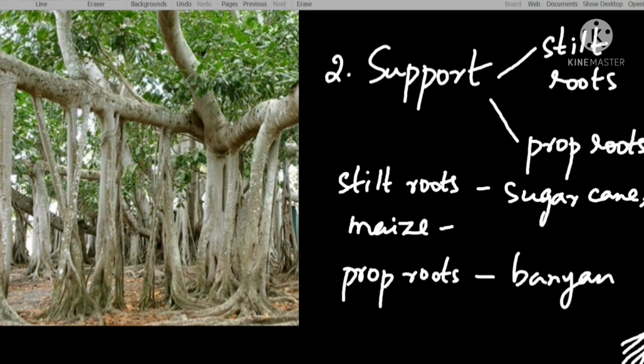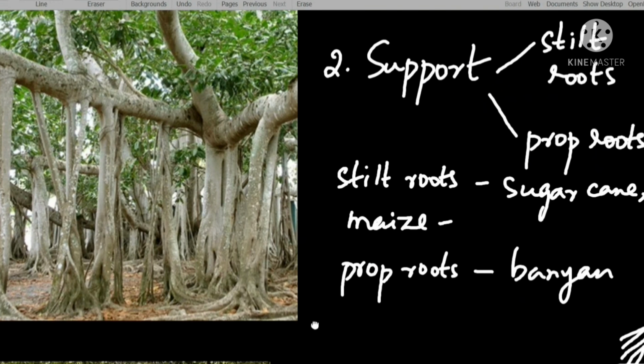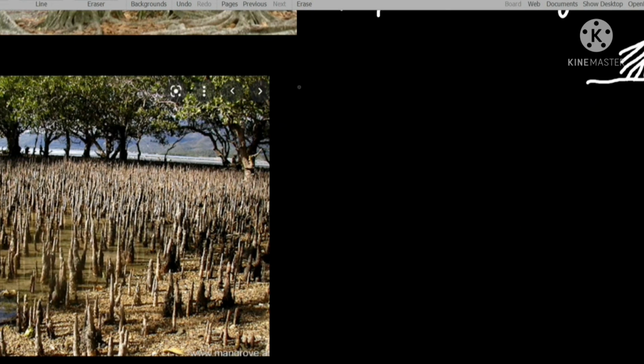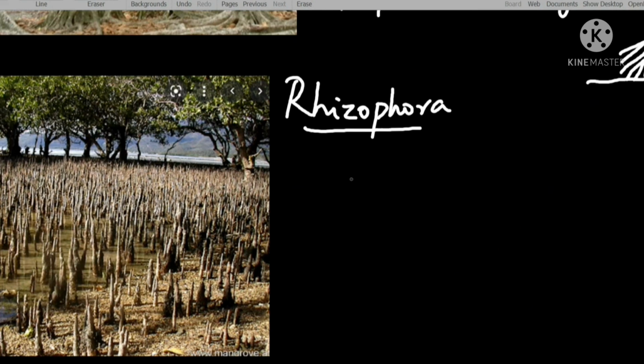And then there are roots which help mangrove trees, the mangroves like Rhizophora. Since they live in marshy areas, they will need oxygen for breathing. So there are these special roots arising out of the soil, and they will help in getting oxygen for respiration.